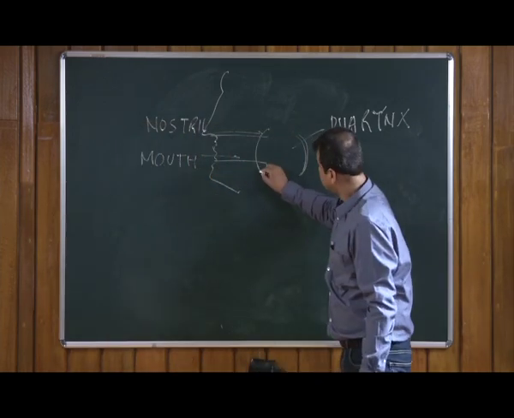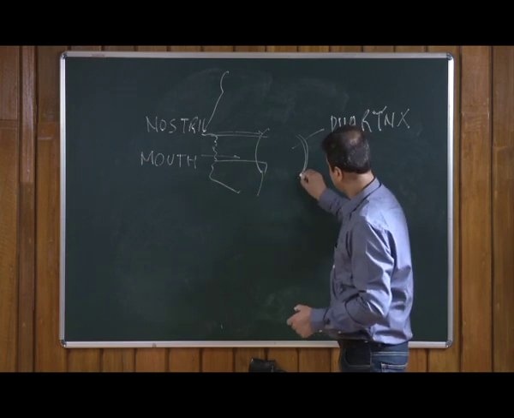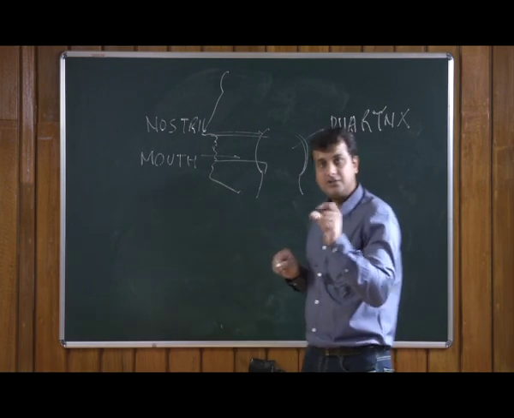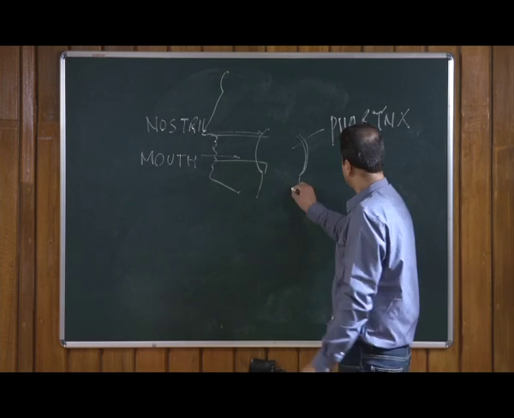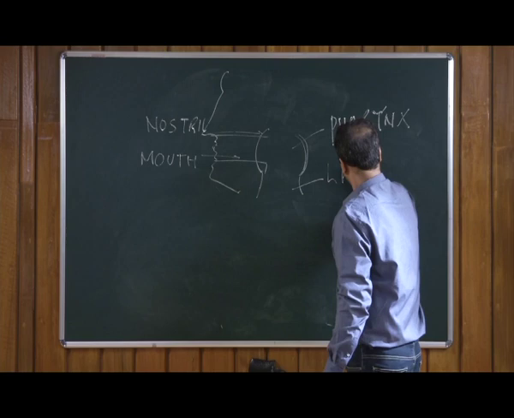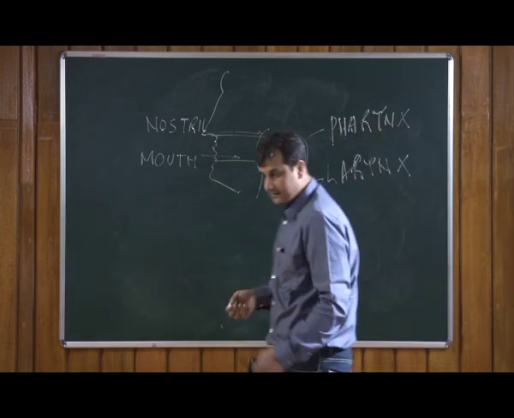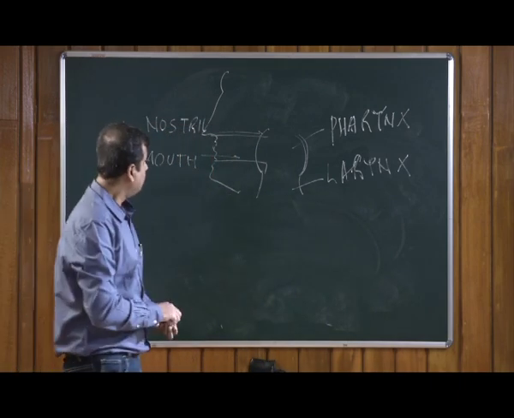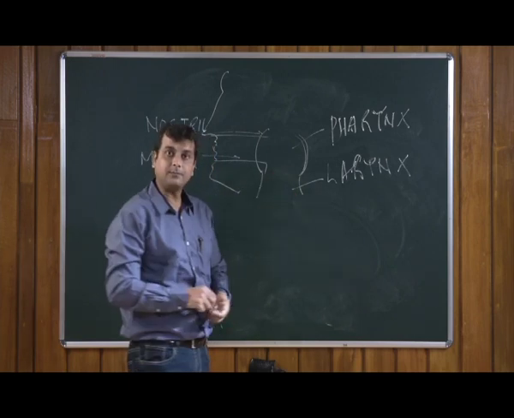This passage ultimately narrows down to a very unique structure, and this is the first entrance to the respiratory passage, called the larynx. This larynx is a very important organ in the respiratory system. It is the first organ in the respiratory passage.